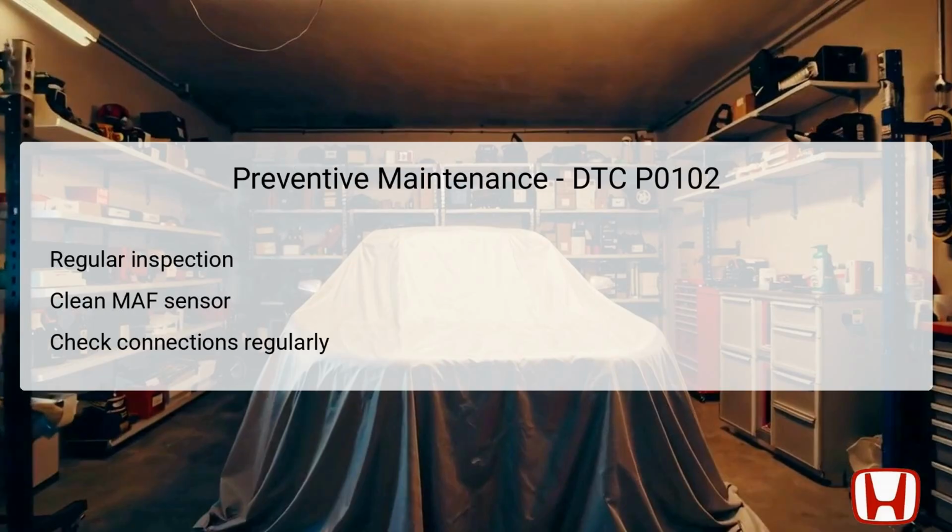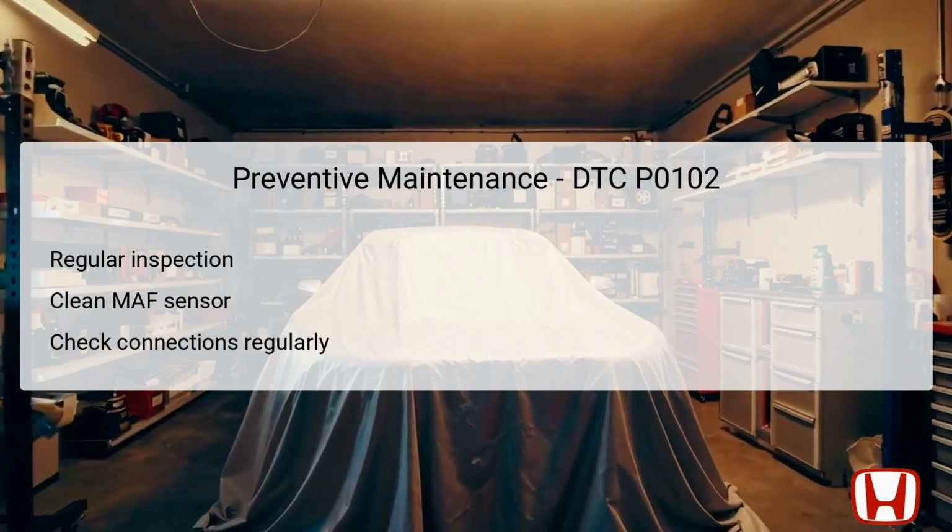To prevent future occurrences of DTC P0102, regular maintenance and inspections of the MAF sensor and its electrical connections are essential. Taking proactive steps such as cleaning the MAF sensor can prevent buildup that might lead to erroneous readings.